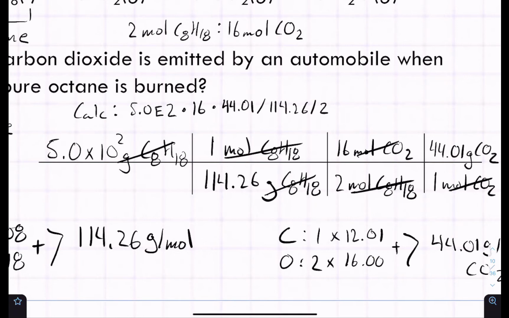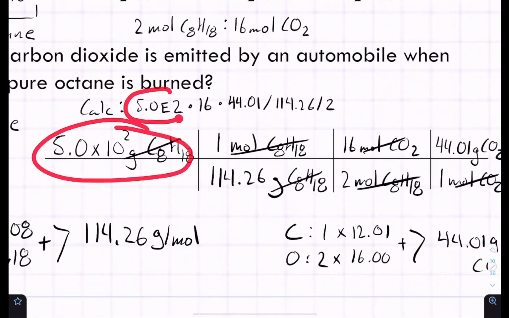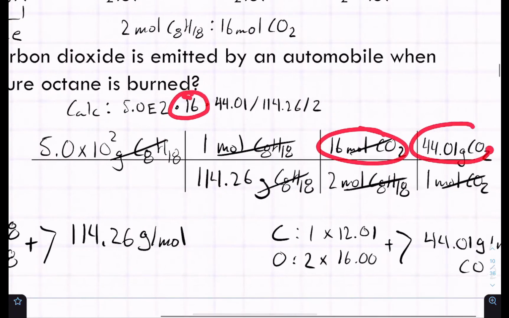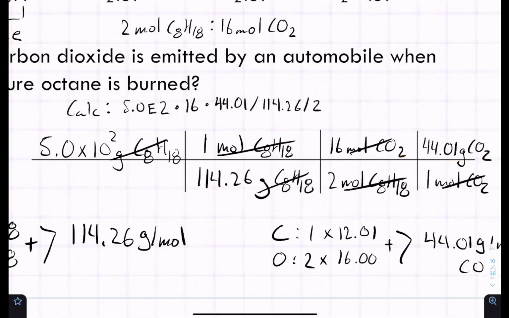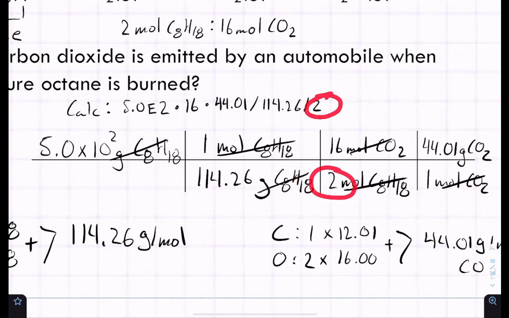All right, so multiply this by this by this, and then divide by 114.26 and divide by again 2. And so with order of operations and everything, this will come out to the correct answer. So when I say multiply by everything on top, divide by everything on the bottom, I mean that in the most literal sense.